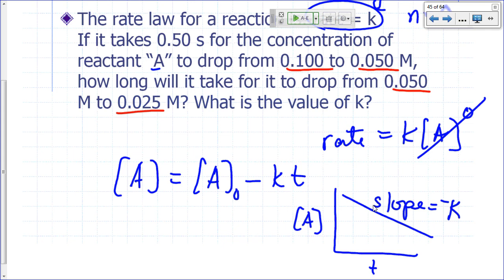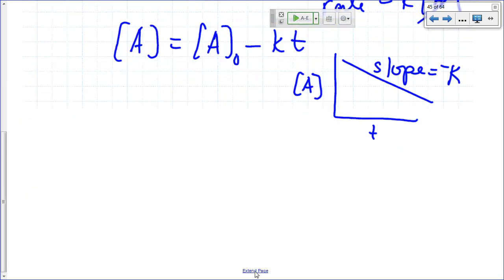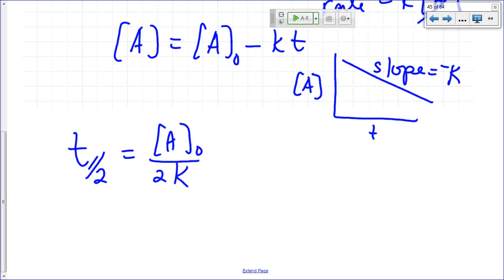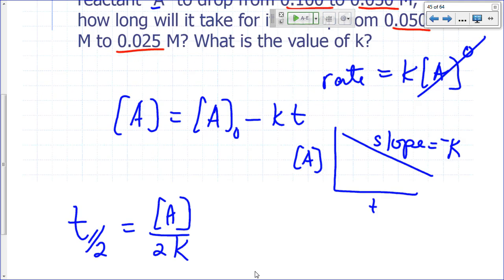Okay, so let's see. Our half-life is the initial concentration of A over 2 times the rate constant. Starting concentration of A over 2 times the rate constant. So I can solve for K, can I? Now, let's look at this question.